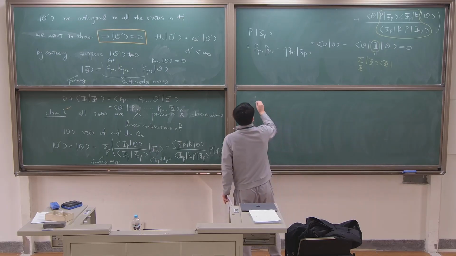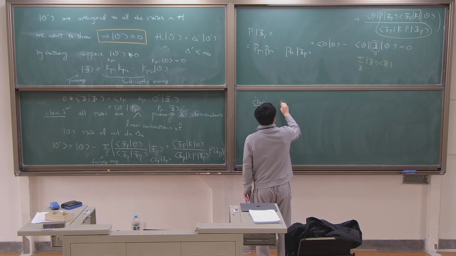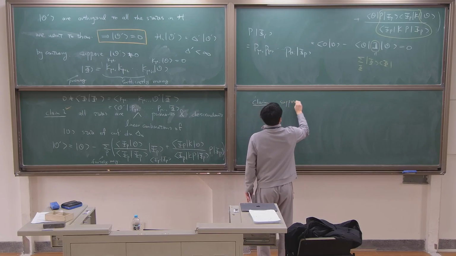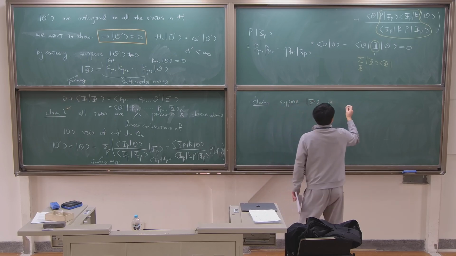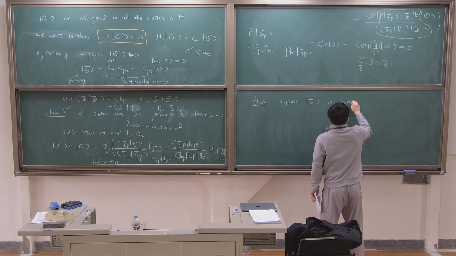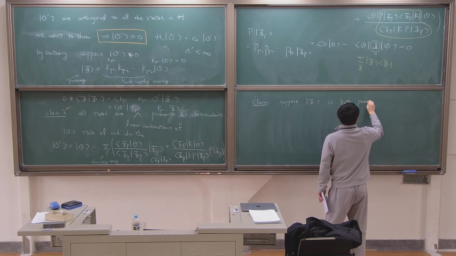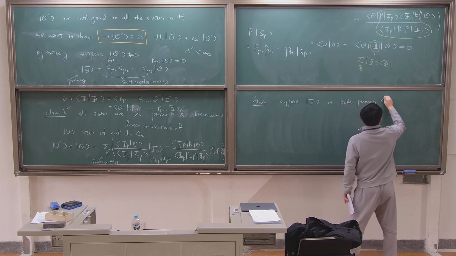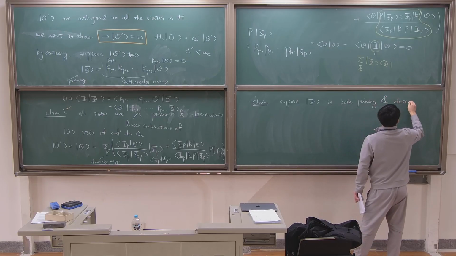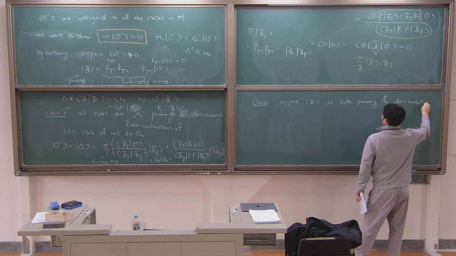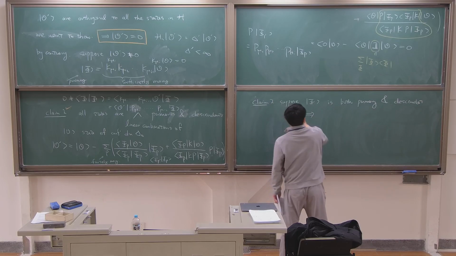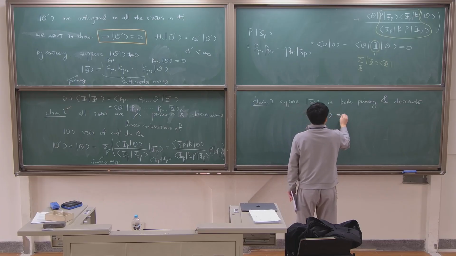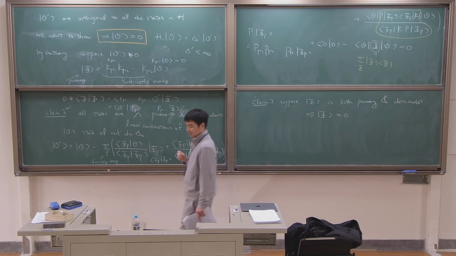Another claim. Let's suppose phi is both primary and descendant. Then this means that such a state psi has to be zero. It doesn't exist.